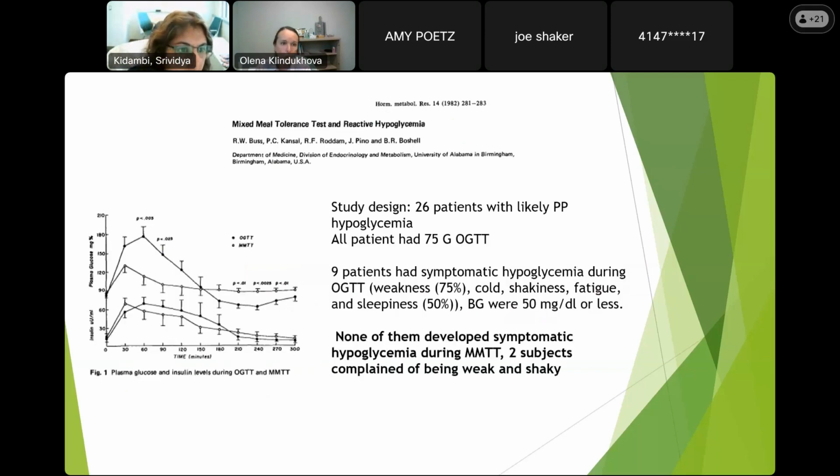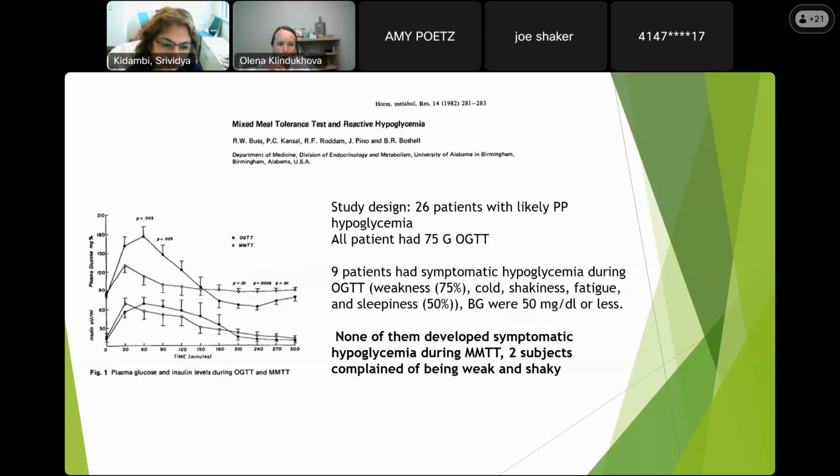All right, very good. I really like this article that demonstrated the usefulness of a mixed meal test compared to oral glucose. This is a very small study with 26 patients who had symptoms suggestive of postprandial hypoglycemia. All patients first had an oral glucose tolerance test, the one with the filled black dot.